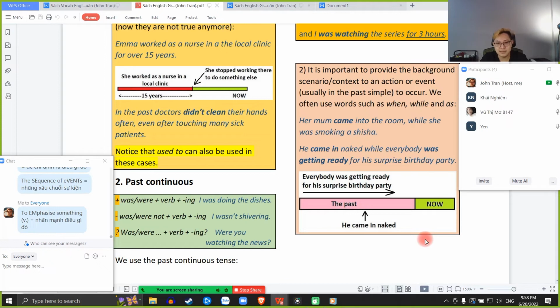He came in naked while everybody was getting ready for his surprise. Surprised. Birthday party. Không phải là surprise mà là surprise. For his surprise birthday party.